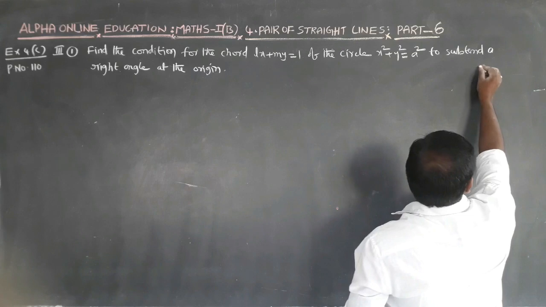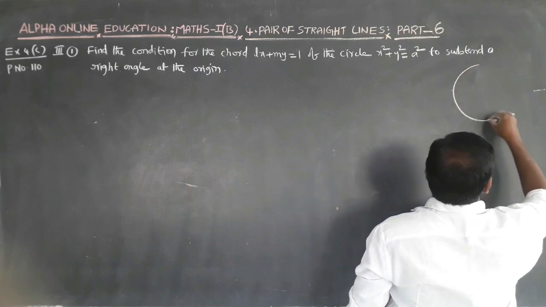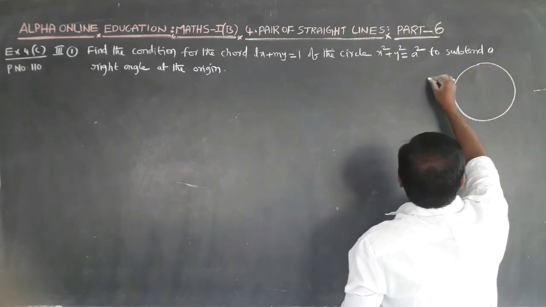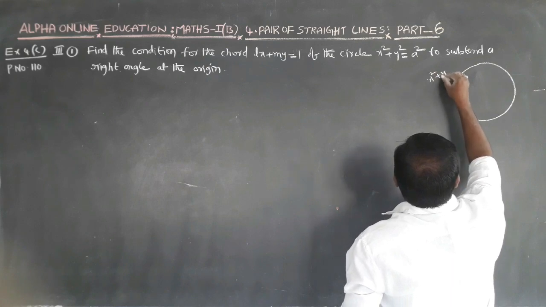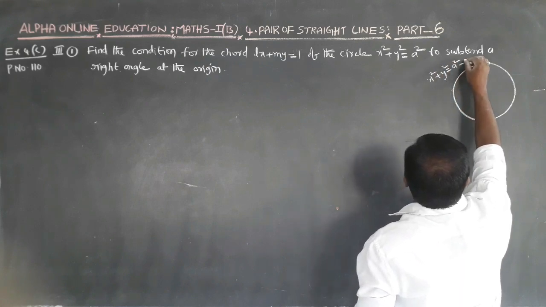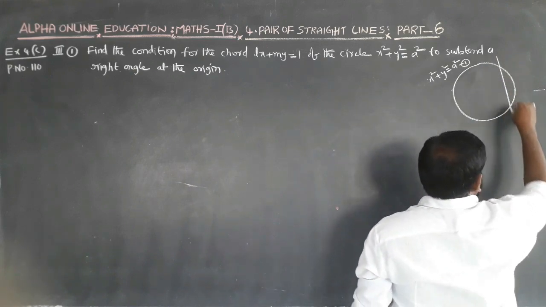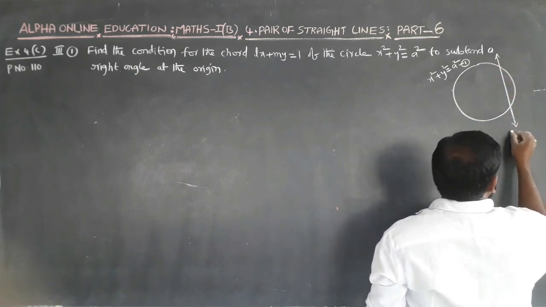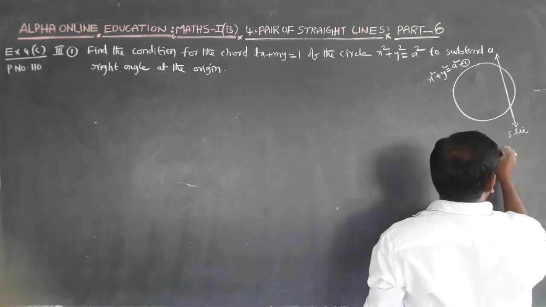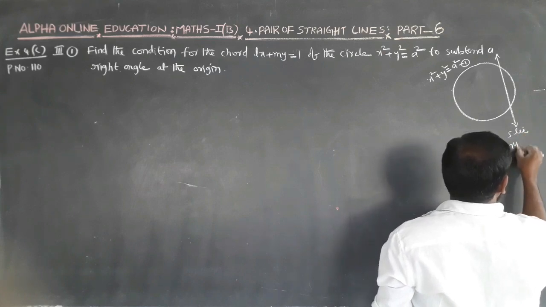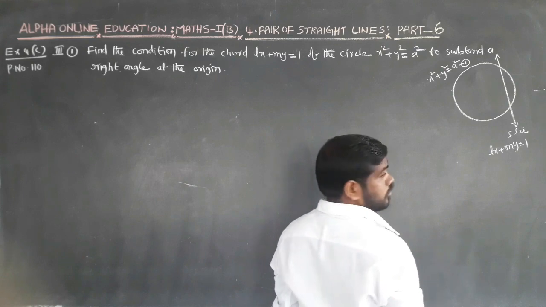This is the equation of the circle: x square plus y square is equal to a square. This is the straight line: Lx plus My is equal to 1.